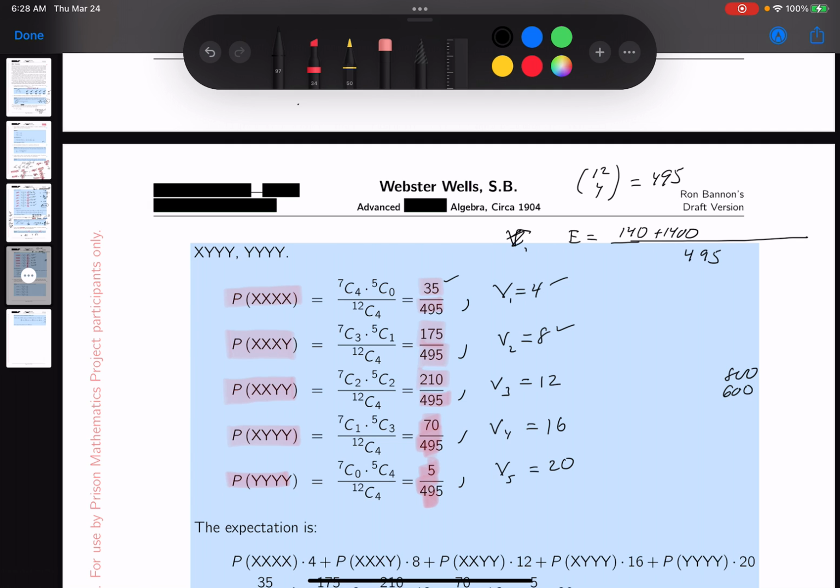Hope I didn't make any mistakes. Okay, this one's a little more difficult for me. 2100 and 420. What does it give me? 2520.